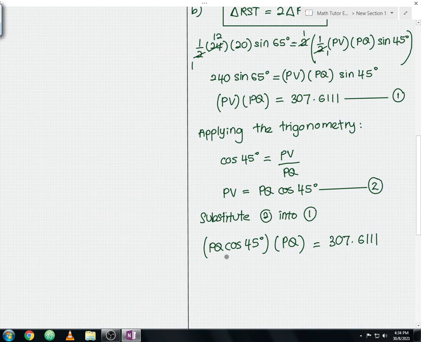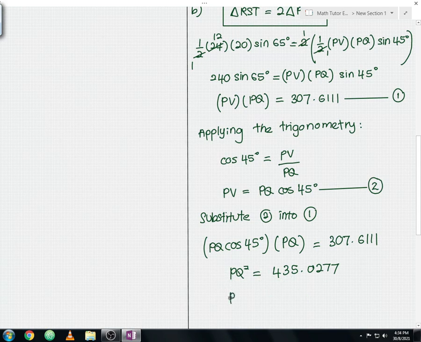So you calculate this. The cos 45 you divide, so from here you get PQ square is equal to 435.0277. To find PQ, you square root this.